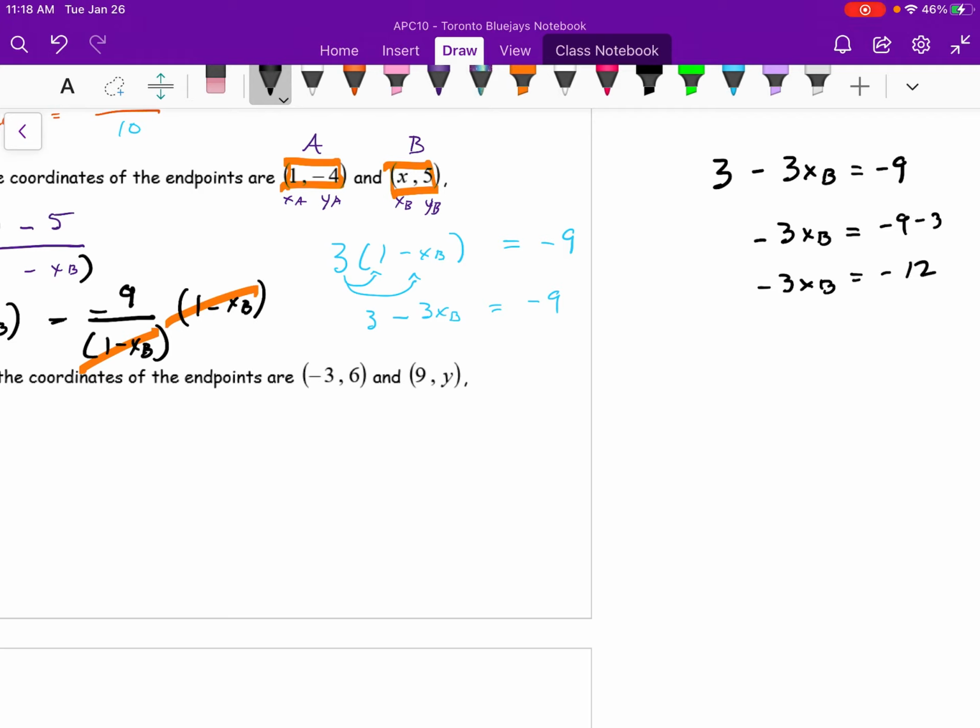So I have negative 3XB is equal to negative 12. I want to isolate XB, so I'm going to divide both sides of the equation by negative 3. XB is equal to negative 12 divided by negative 3, which is 4.